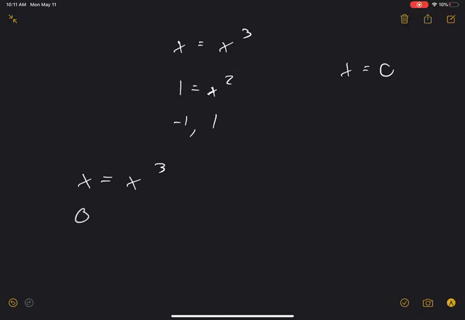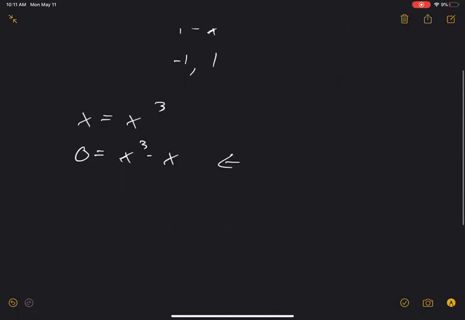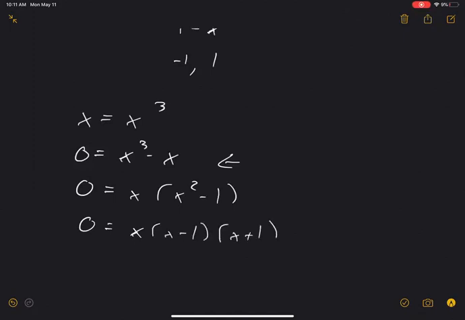So we get 0 equals x cubed minus x. And this is a polynomial that I can factor. And if I factor it correctly, it's going to give me all roots. It's not going to leave out this x equals 0. So I factor this expression on the right side, and it factors like this.